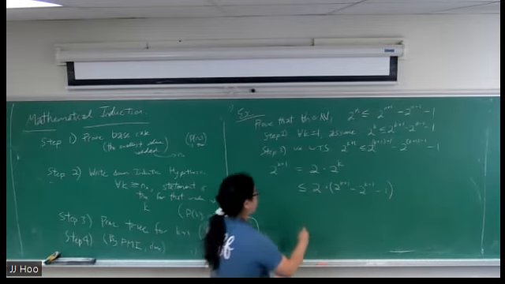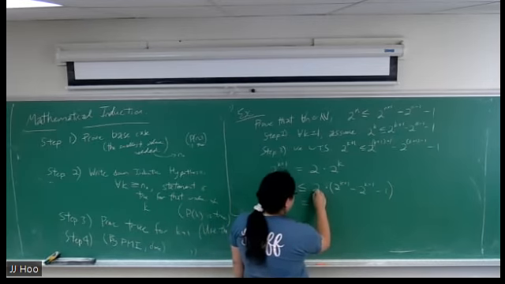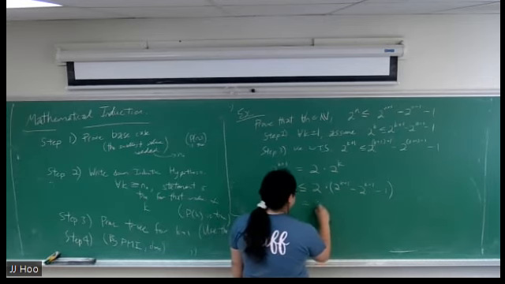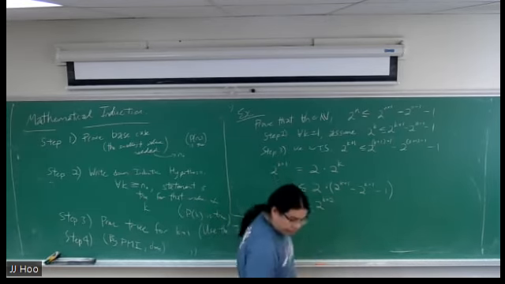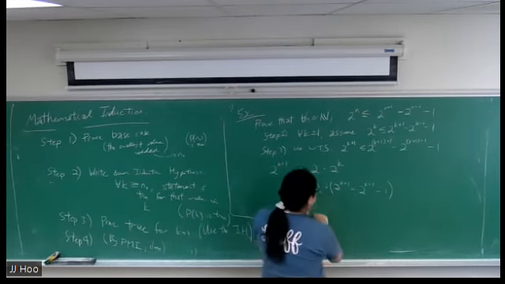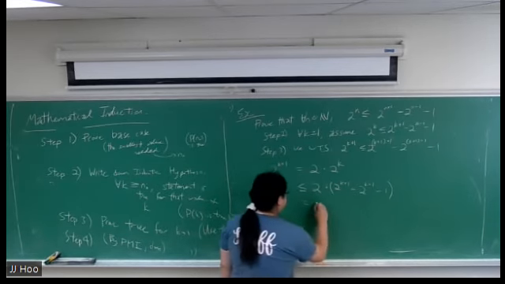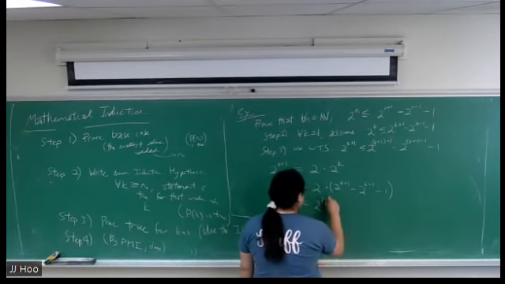Well, let's multiply this up. When we put these two together, I'm moving this one step above. This becomes 2^(k+2). Or even better, if I'm just recognizing that I'm moving this up by 1, I can rewrite it as 2^(k+1+1).